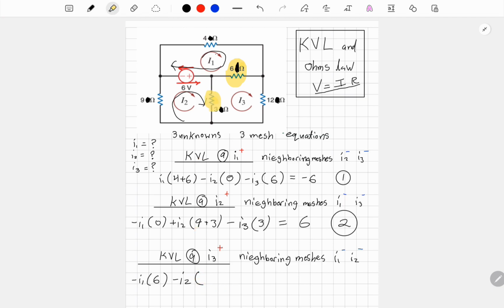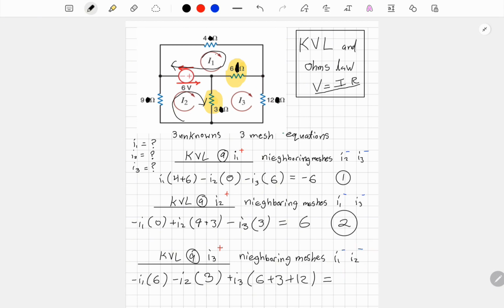I'm looking at that, and they're both touching this 3 ohm resistor, so I include 3, and then plus I3, and the sum of all the resistors, which is 6 plus 3 plus 12, equals any voltages in the loop.